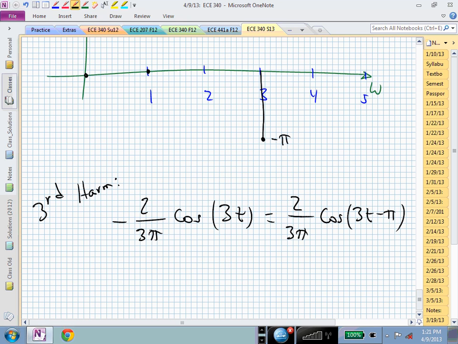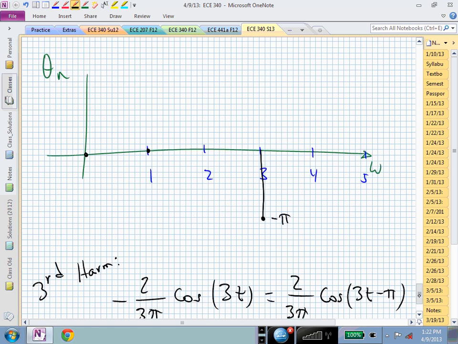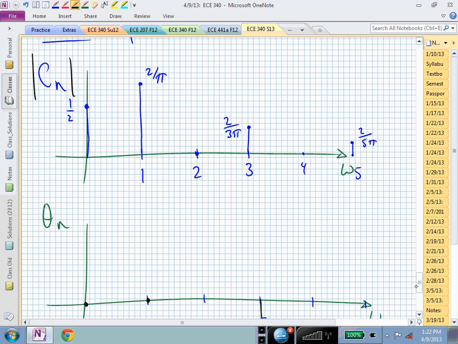Not that hard, but now that you have this, now you know what your filters need to do. If I said just capture the second harmonic, what would you need to do? You could do a bandpass filter that isolates on that frequency at 2.